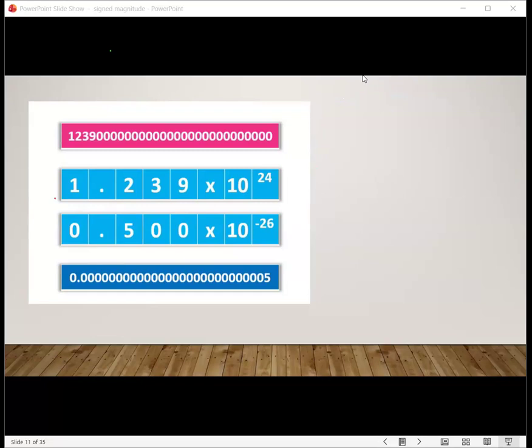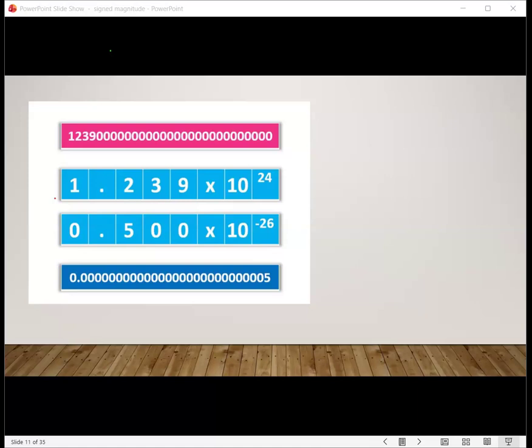Everything is the same in binary except we use zeros and ones. Here we use all numbers, but the same is converted to binary form, that is 0 and 1, and the base is 2. If the decimal moves left, LHS, it is positive, and if it moves right hand side, it is negative. The same thing.